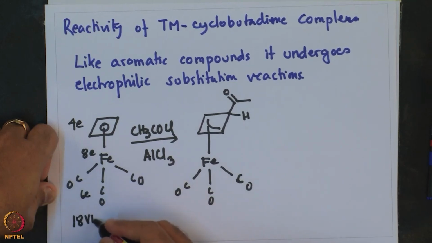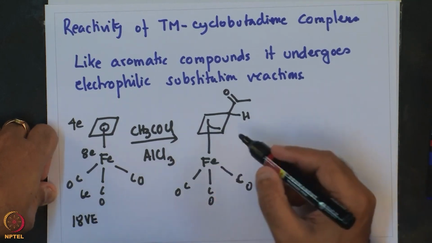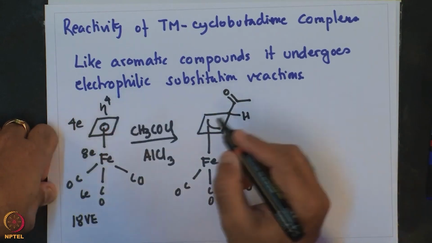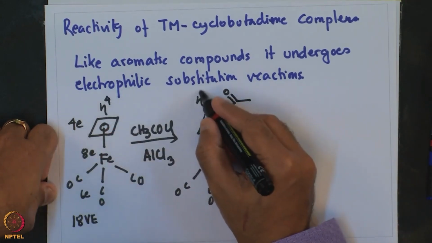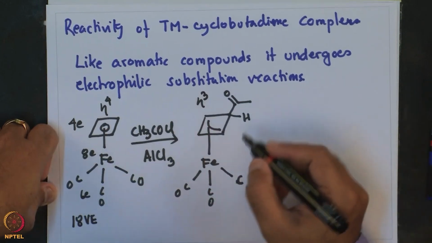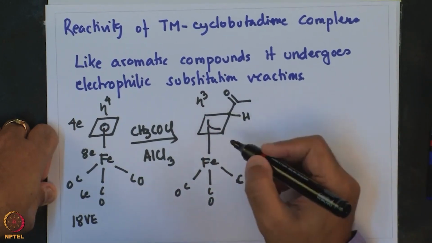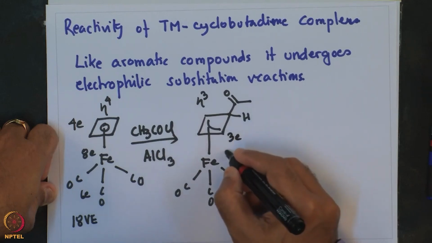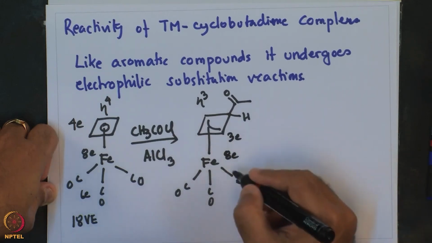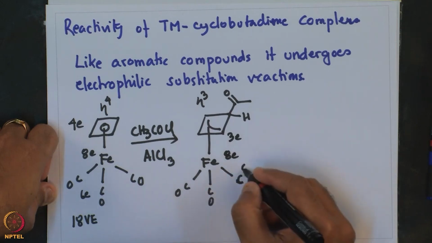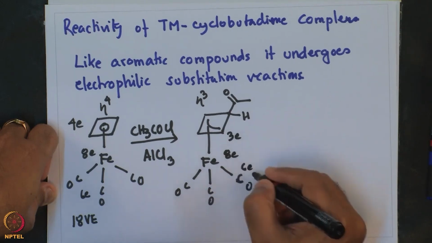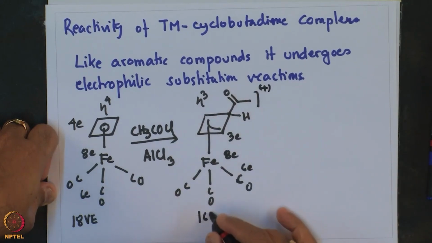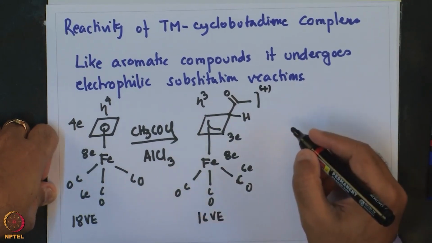This is the 18 valence electron compound, and upon reaction with acetyl chloride, this eta 4 bound cyclobutadiene ligand transforms to an eta 3 bound allyl ligand, and here too the complex becomes 3 from the ligand, 8 from the metal, and 6. So this is 17 electron with a cationic charge. So overall it becomes a 16 valence electron compound.